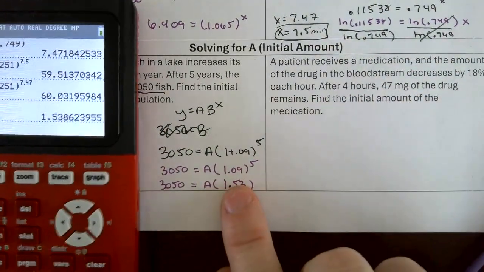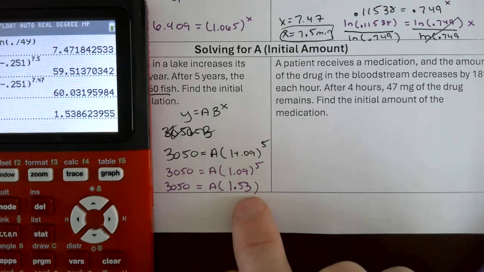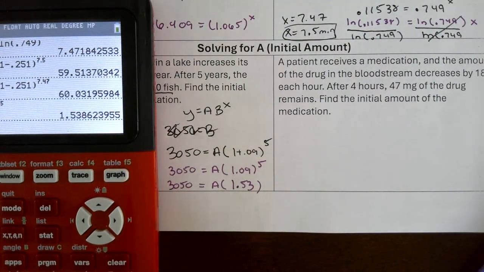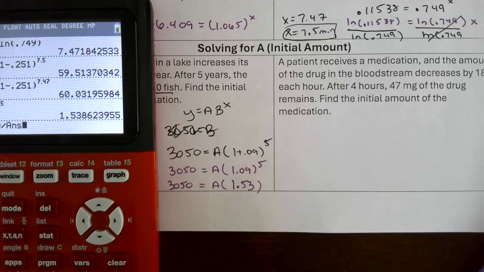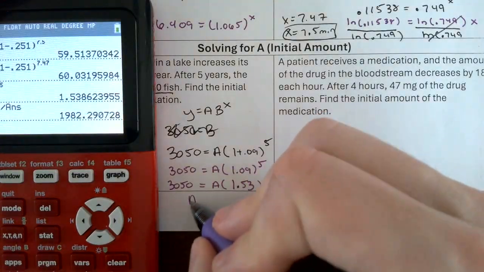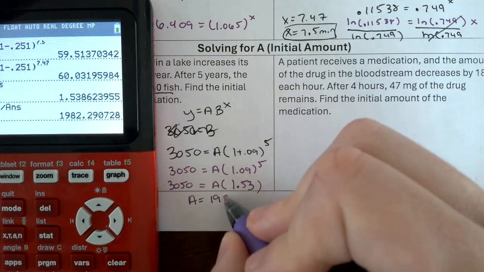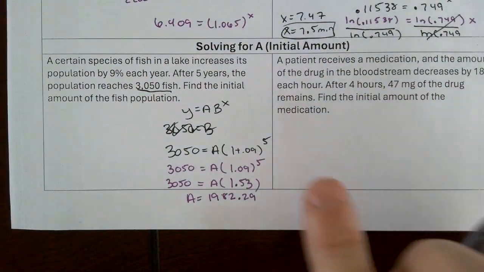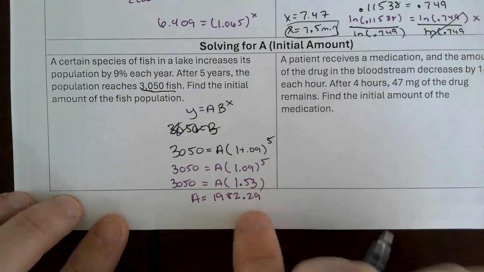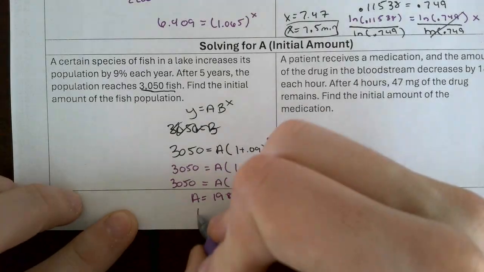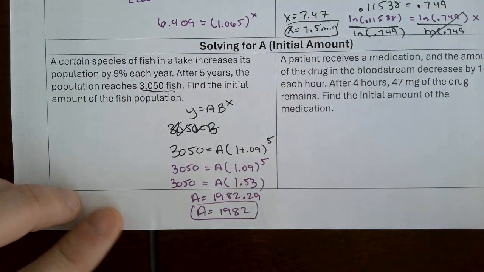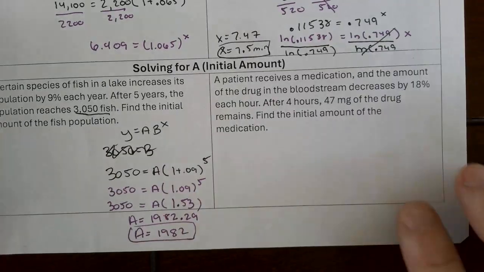Now we just divide by that. I'm going to divide the 3050 by that, and I got an a value of 1982.29. It was a certain species of fish. Can I have 0.29 of a fish? No, you can't. So 1982 fish. That sounds better.